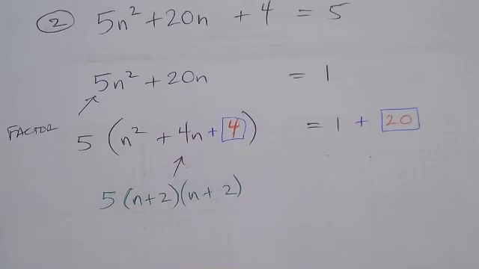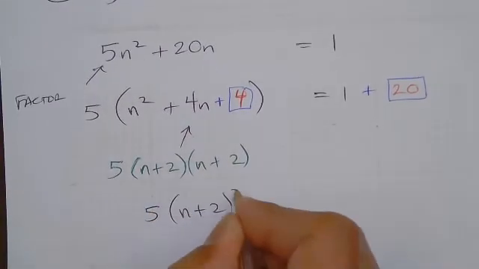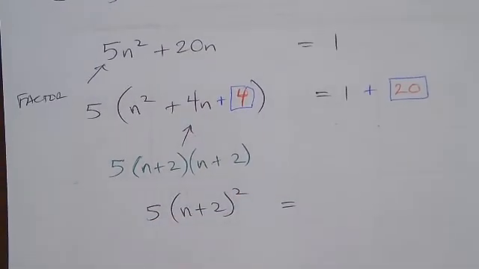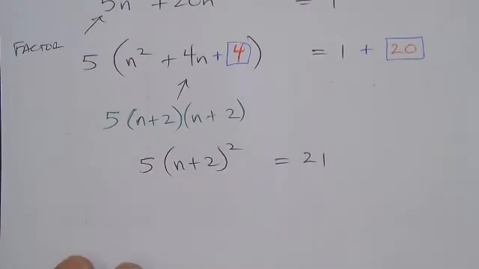There it is. That's the only thing to watch out for. It's different from before. And this 5 is still here, right? So we got this now. 5(n plus 2) squared equals 21. Is this ready to solve?